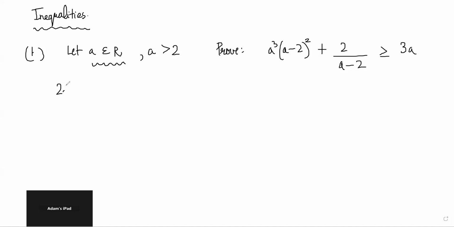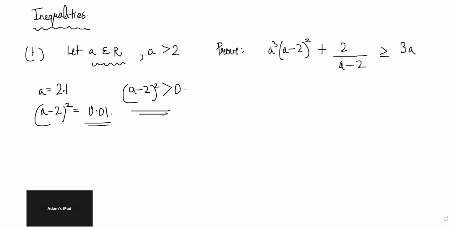A can be 2.1 also, no? Oh yes. So what will be A minus 2 whole square then? It will be 0.01. So it is not greater than 1 necessarily. What you know is A minus 2 whole square is greater than 0, but you can't say it is greater than 1.